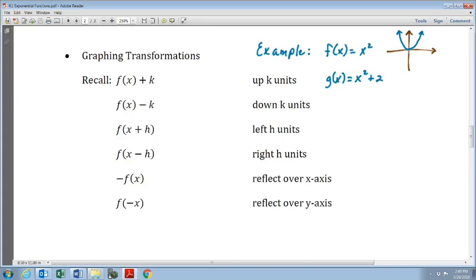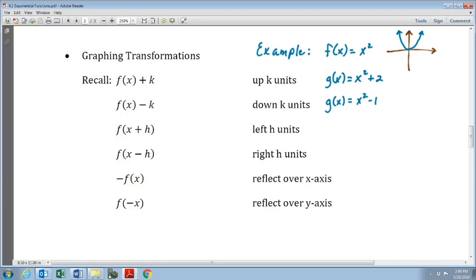So that's what it's saying here. F of x minus k would be the same graph moved down k units. So for example, if you have g of x equals x squared minus 1, it'll look just like our function f of x equals x squared. Everything would just be down 1.